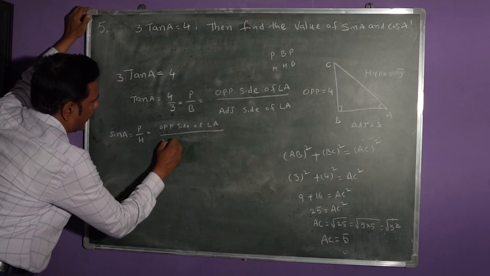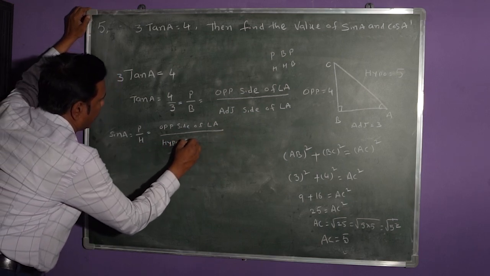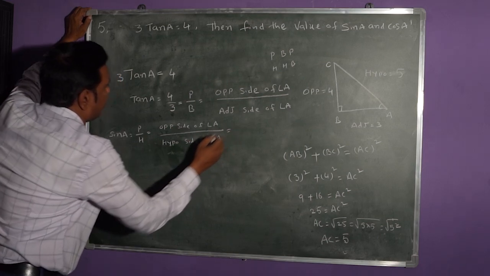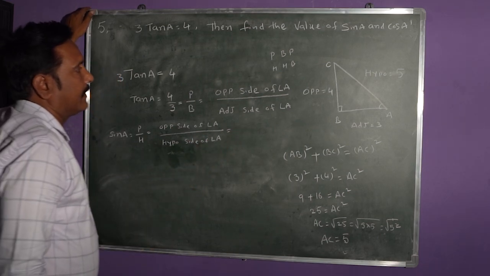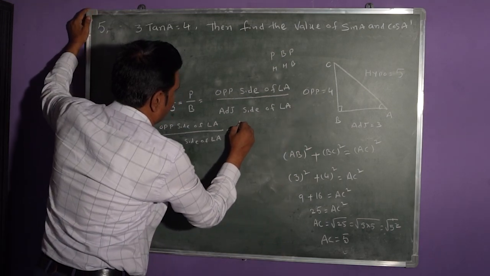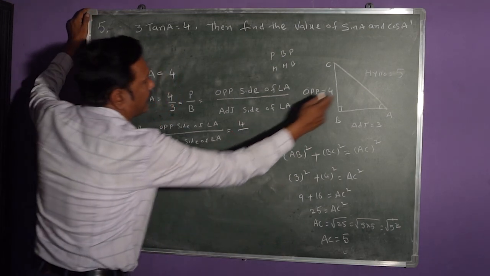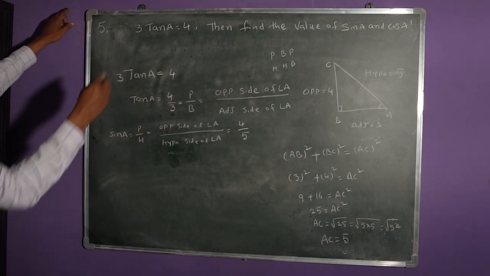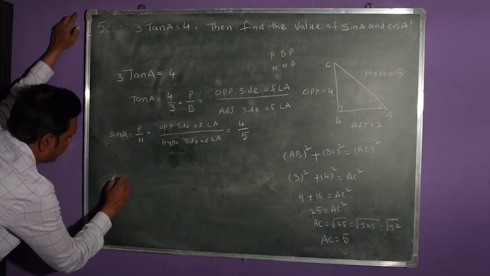H means hypotenuse side of angle A. Then opposite side is 4 and hypotenuse is 5. 4 by 5.